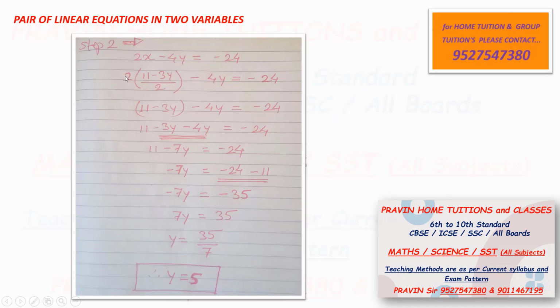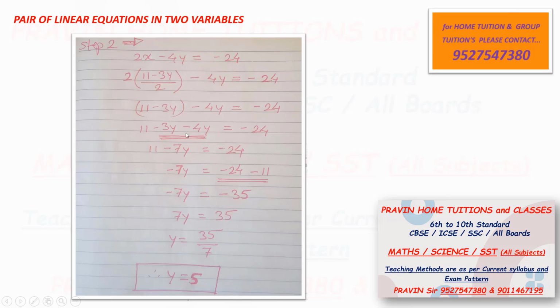So 2 into the bracket, instead of x, put (11 minus 3y) divided by 2, minus 4y is equal to minus 24. Now this 2 and this 2 get cancelled, because this 2 is at the numerator and this 2 is at the denominator. So 2 by 2 is 1. Now 11 minus 3y remains, minus 4y is equal to minus 24 as it is.